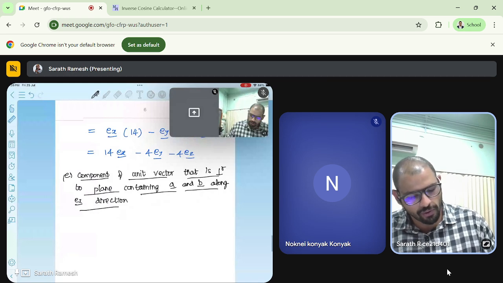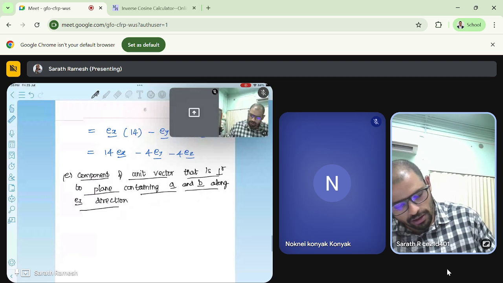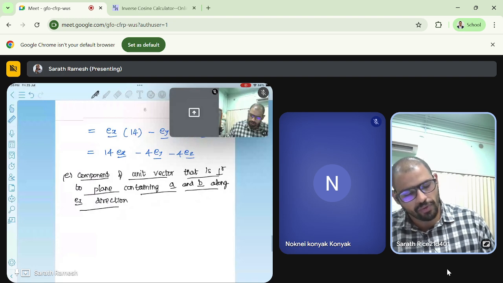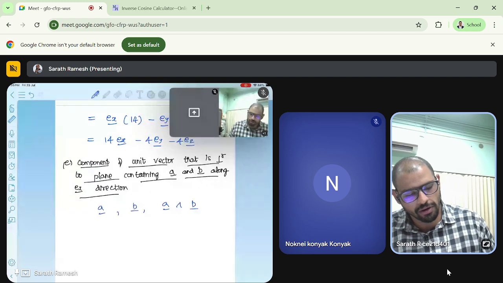Just now we found A cross B is equal to 14 Ex minus 4 Ey minus 4 Ez. Now we need to find the component of the unit vector. So this A cross B is not a unit vector.